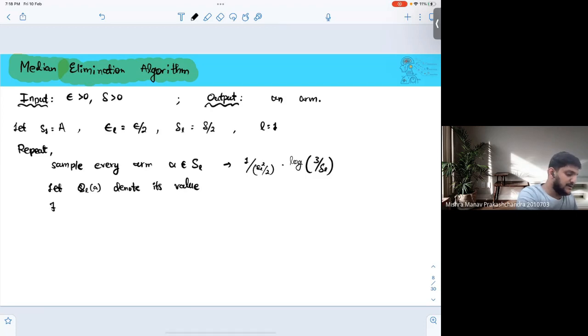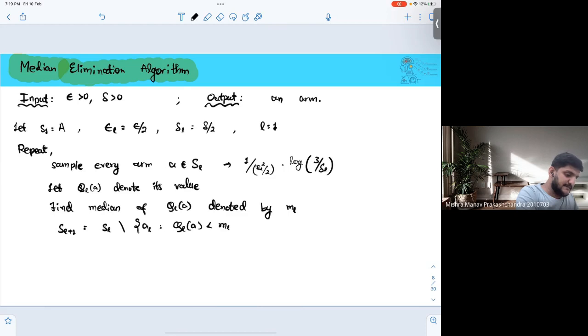Okay, now find the median of QL of A, which we denote by ML. Now S L plus 1 is SL minus all the arms that are less than ML.